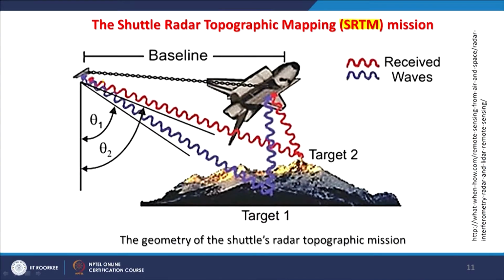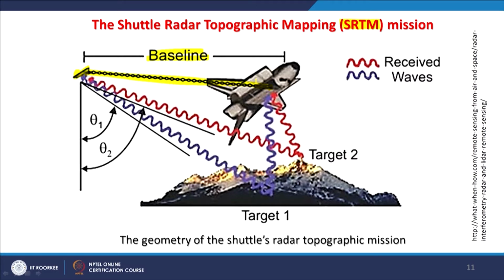the baseline is a big issue in SAR interferometry. So they had a 60 feet shaft which allowed them to create a baseline. There was an instrument here and an instrument there, and both were collecting the radar information at the same time with a fixed baseline, because the baseline was connected with a shaft holding the two instruments.